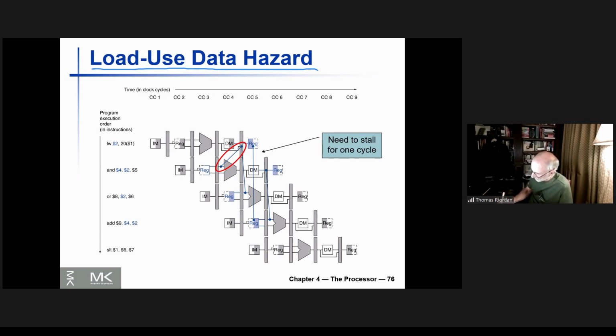And remember, the load to use hazard is caused by this problem here: when we do a load, so here's the load instruction, unlike an add instruction where we have the result here, for a load instruction we don't get the result until here, because we're using the adder to compute the address, and then we have another whole cycle where we access the cache or the data memory, call it data memory for now. And then we get the result here at this point in time.